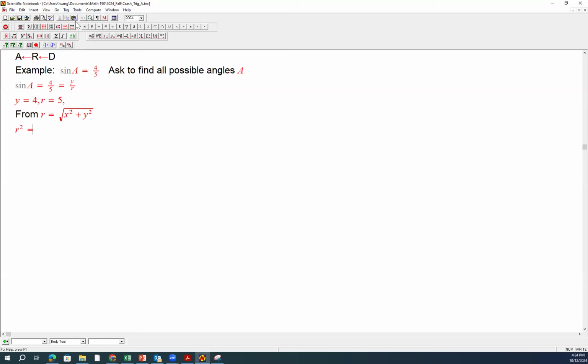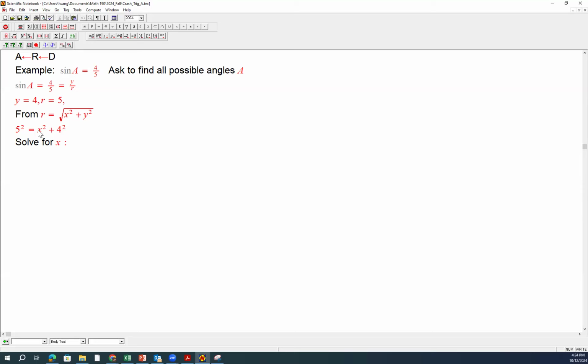That's the Pythagorean theorem. So now we have R equals 5, Y equals 4, and we can solve for X.